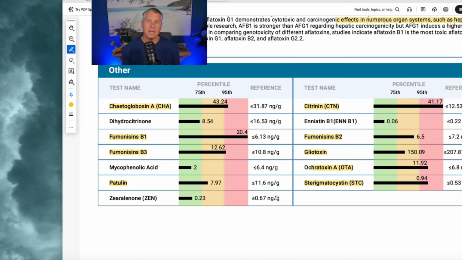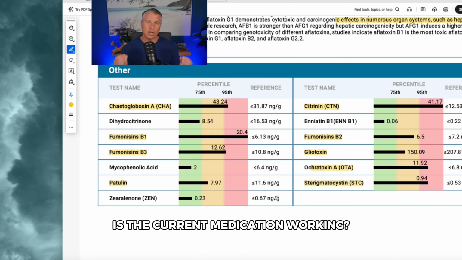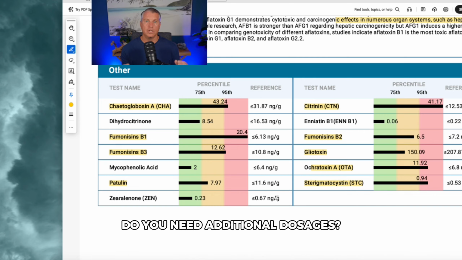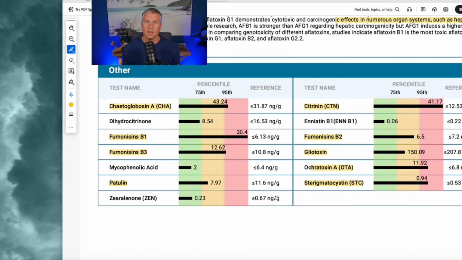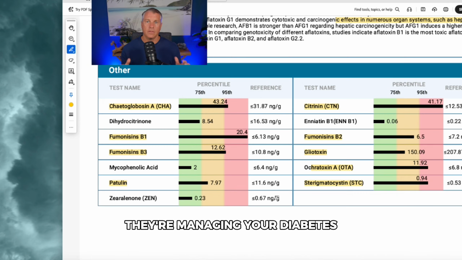That is evaluating you to identify, is the current medication working? Do you need additional dosages, or do you need an alternative medication? That's called managed care. They're managing your diabetes with pharmaceutical drugs, while these problems you see here continue to get worse over time, and you get worse over time.